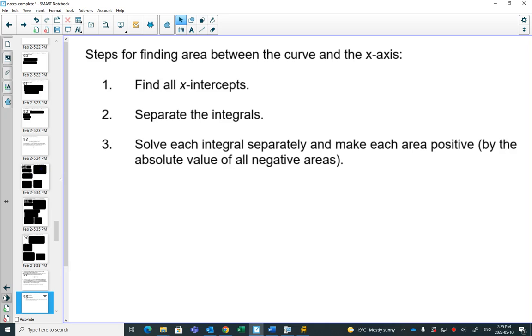So if you have to find the area between the curve and the x-axis, you'll need to find all the x-intercepts, separate those integrals, solve each integral separately, and then make the negative ones positive. You could do that by adding absolute values to all the negative areas.